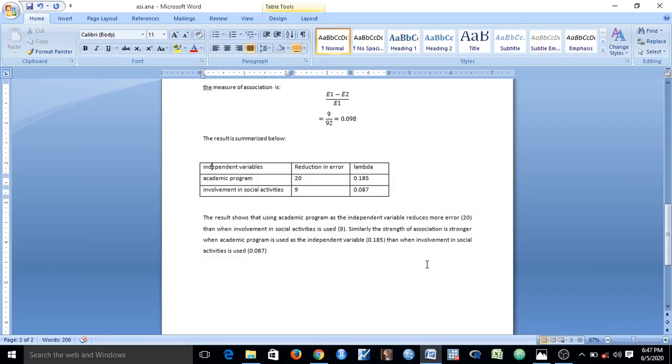So as we can see, academic program is better at predicting involvement in social activities than using involvement in social activities to predict academic program, based on the results we have.